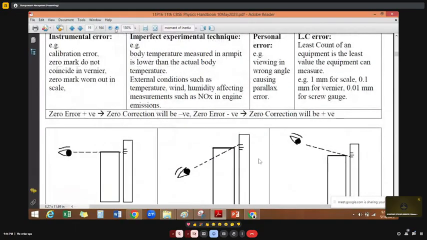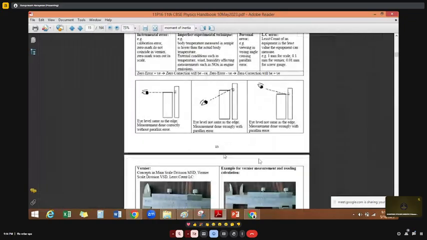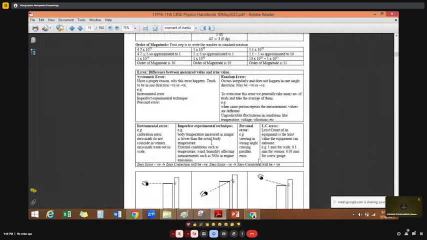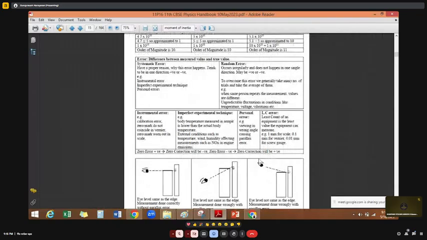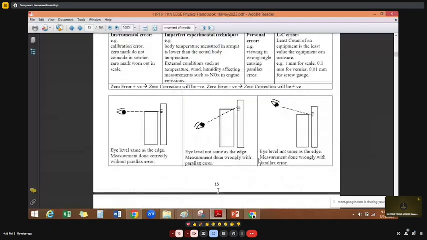Yeah, I think I've given it here. Under errors, zero error positive, zero correction will be negative. Zero error negative means zero correction will be positive. Okay, so it's given here.